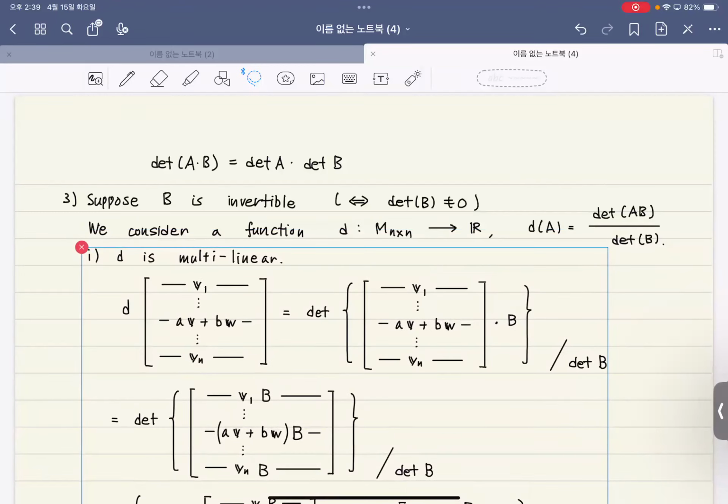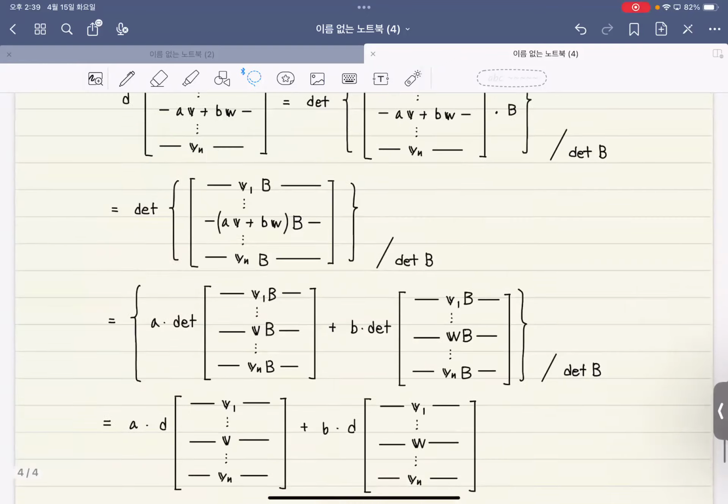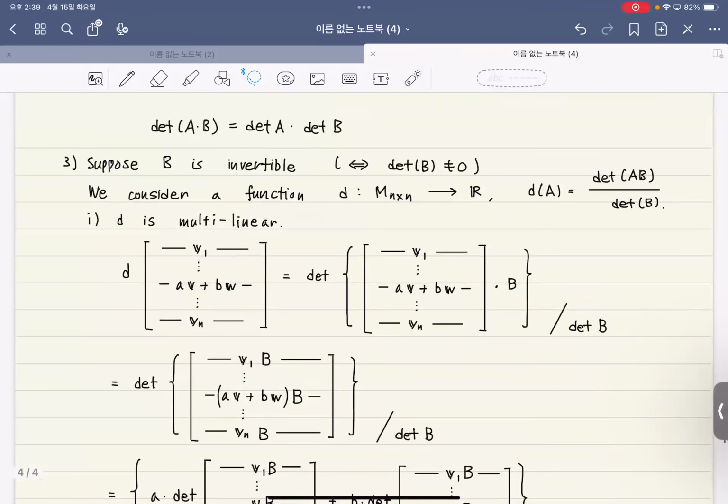First, I will prove that D is a multilinear function. So I will compute this matrix with rows V1, ..., Vn, but here I have A times V plus B times W in the ith position.